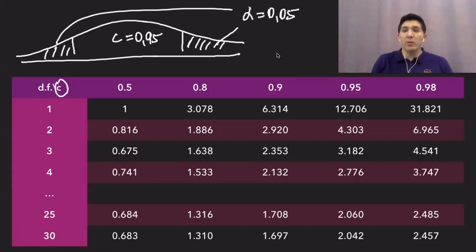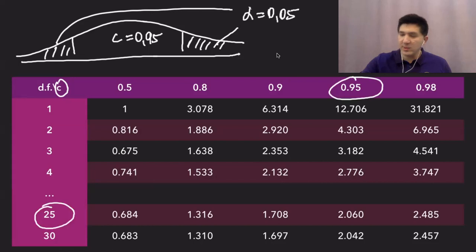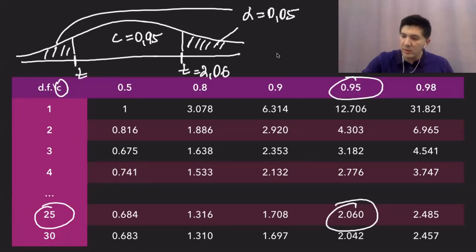Okay, so now what we have to do is we need to know the degrees of freedom, and the level of confidence is 0.95, and this number is going to be equal to 2.06. So the critical point is going to be equal to 2.06, and the other critical point is going to be minus 2.06. If you remember, we've just calculated the test statistic, which was equal to plus 2.03.